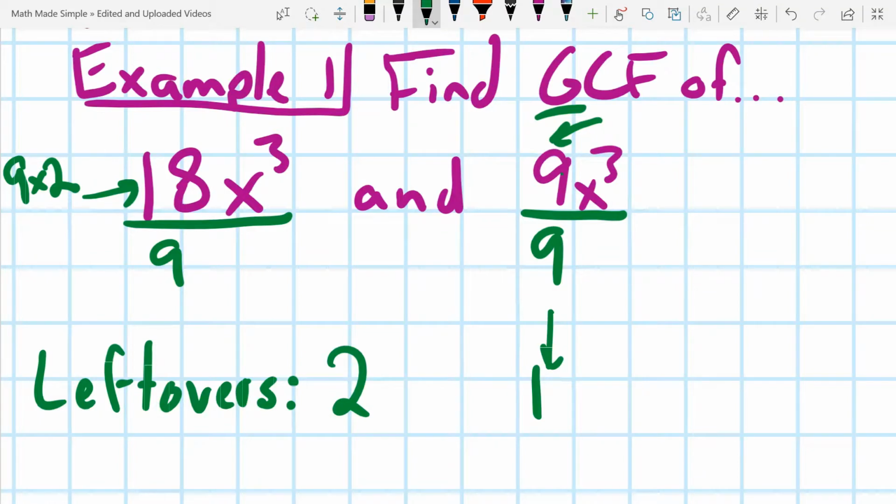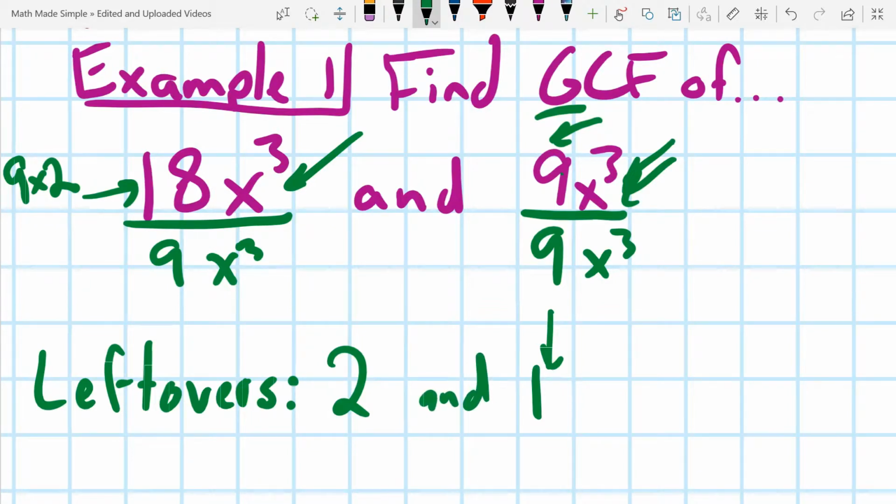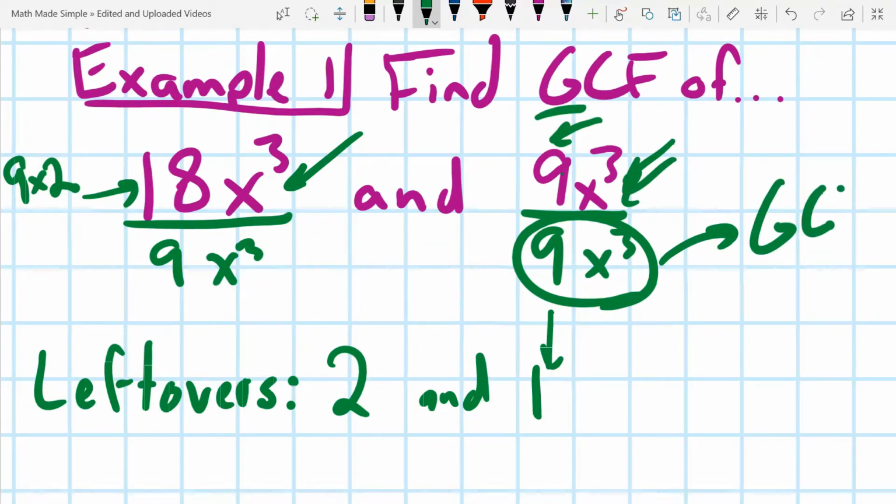So we have leftovers of 2 and 1. But we also have these x cubes here, x to the third power. And so what we also notice is we can take an x to the third power out of both of them because they both have an x to the third power. And so we would be left with 2 and 1 as our leftovers, making 9x cubed our GCF.